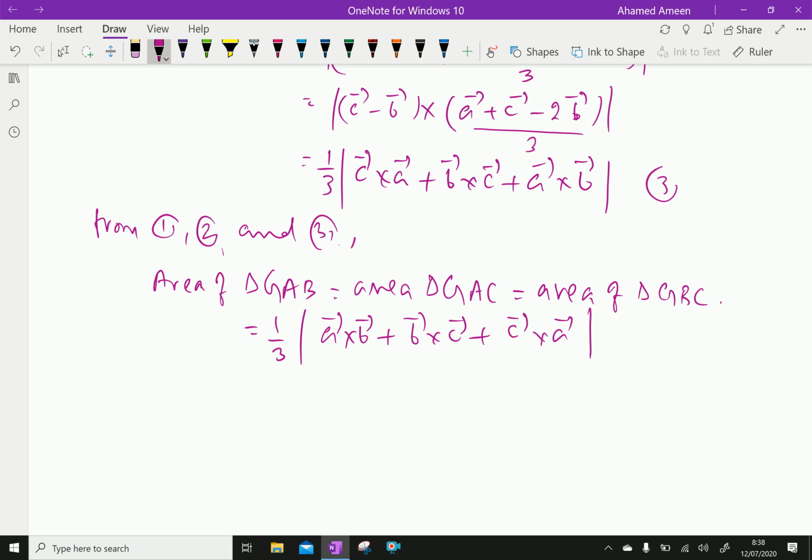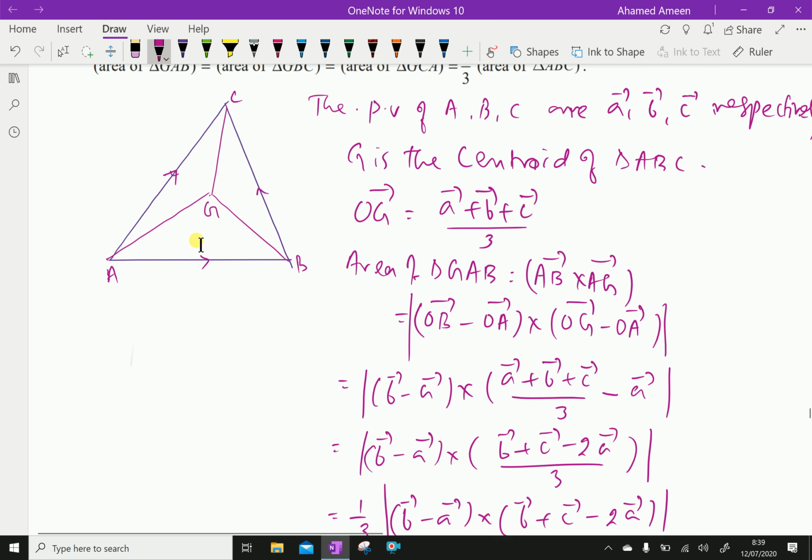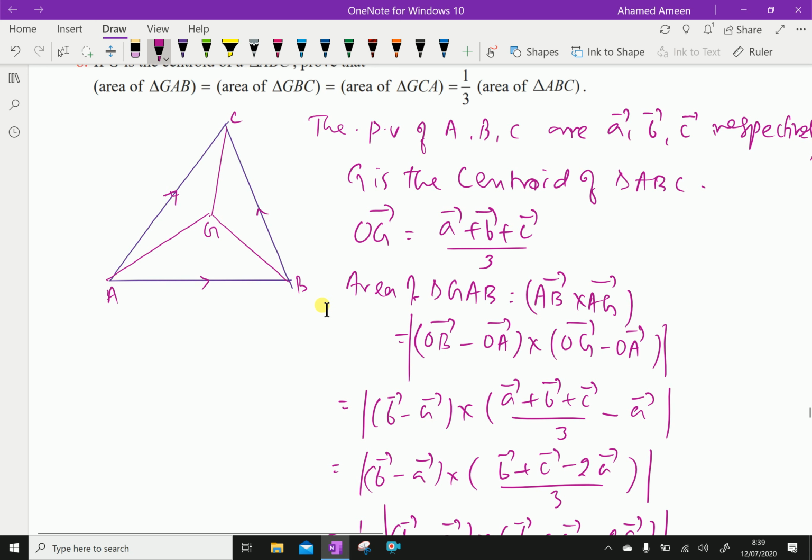Now also we get, and area of triangle ABC is 1/3 of the area of triangle ABC, because the sum of these three triangles added together gives the area of the triangle ABC.